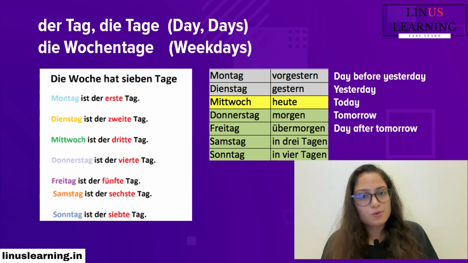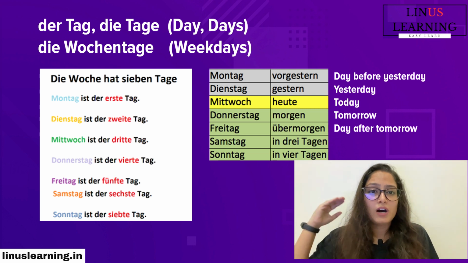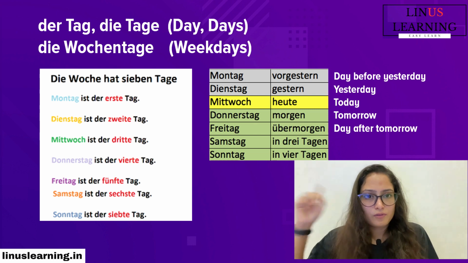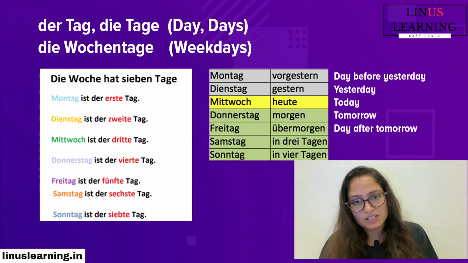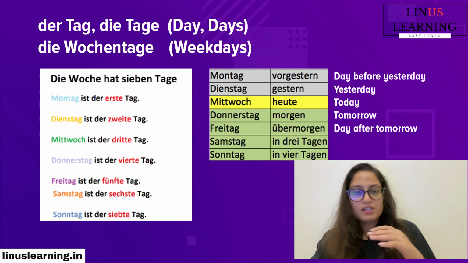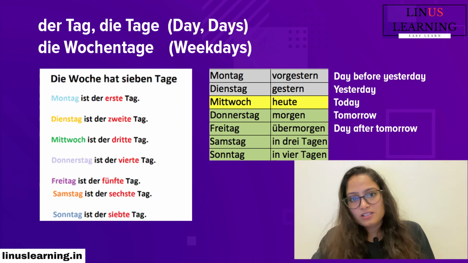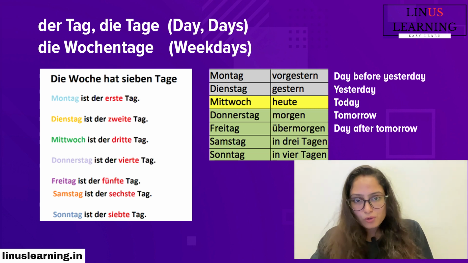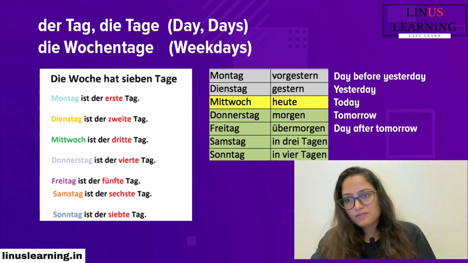Yesterday was Tuesday. Vorgestern war Montag. Day before yesterday was Monday. So heute is today, gestern yesterday, vorgestern day before yesterday, then morgen tomorrow, übermorgen day after tomorrow.